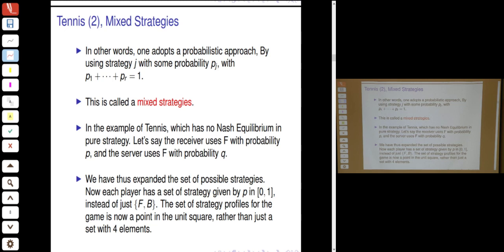Okay? So, you pick strategy J with probability Pj, and since you have to choose some strategy, the Pj's should sum to 1. So, it is a probability distribution. P1, P2, up to PR form a probability distribution over the set of strategies. This is called a mixed strategy.